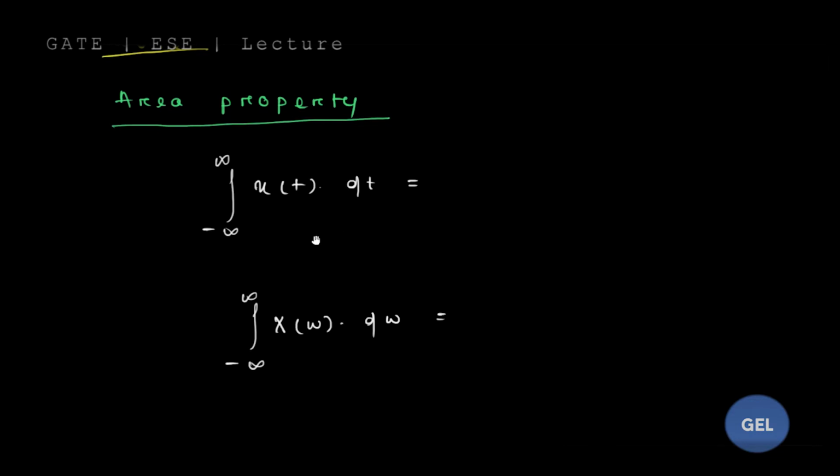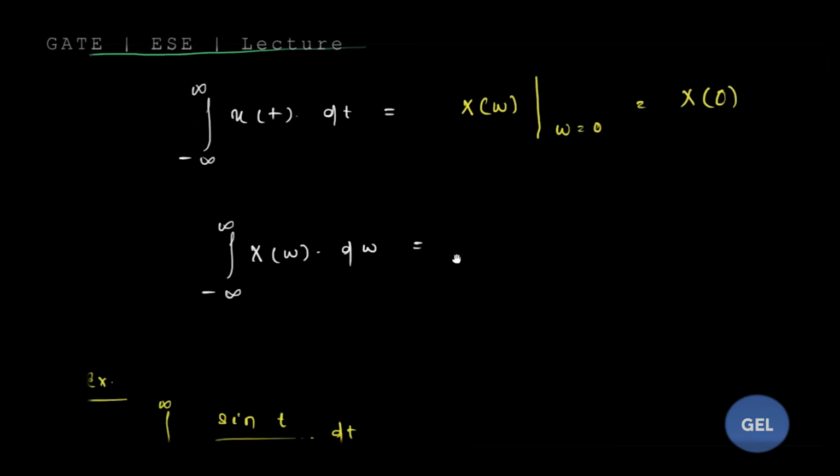What does the area property say? If in the time domain you take the integration of x(t), the value will be nothing but X(omega) at omega equals 0, that means X(0). Similarly, if you take the integration of X(omega) d omega in the frequency domain, the answer will be 2 pi x(t) at t equals 0, that means 2 pi x(0). Simple.